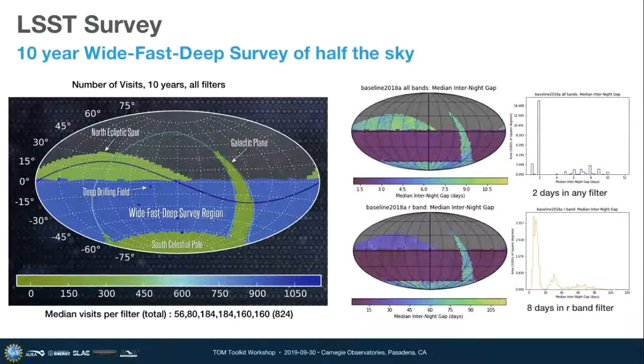And you can see there the median is about 8 days for revisits in the same filter. The U-band filter is used only during dark times, so the revisit interval there is of course a lunation rather than the ones shown for the other filters here.